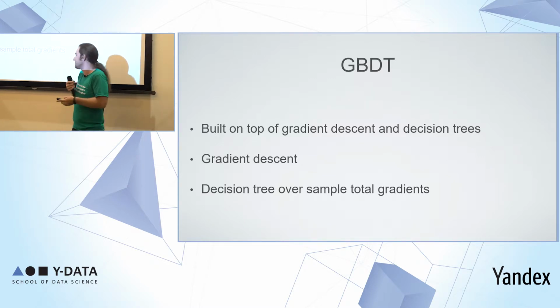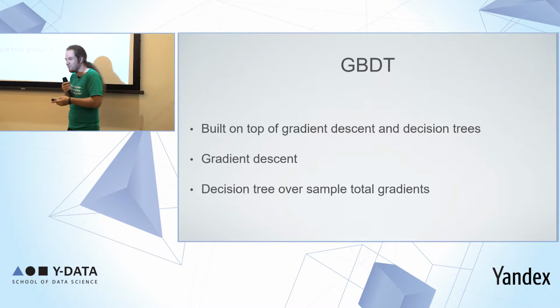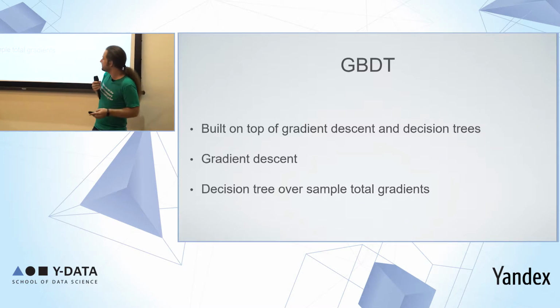This is the most important principle of decision trees. There is also some math on how we build these trees, but it's not important here.